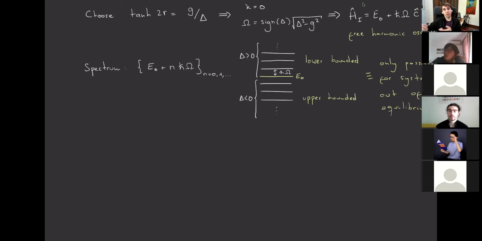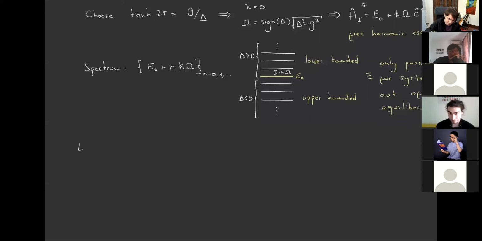So when you are analyzing a time-dependent Hamiltonian in a picture where it is time-independent, you can have this kind of physics in which your Hamiltonian looks upper bounded instead of lower bounded. But again, this is something very special to the kind of situation that we are studying here. So this is for the spectrum.